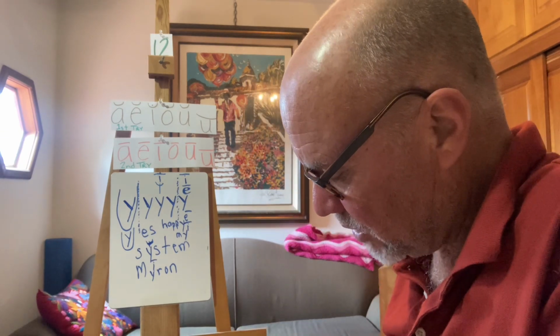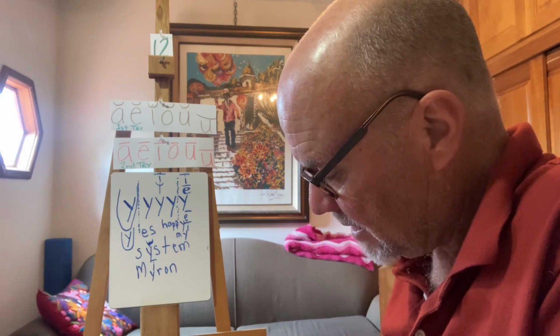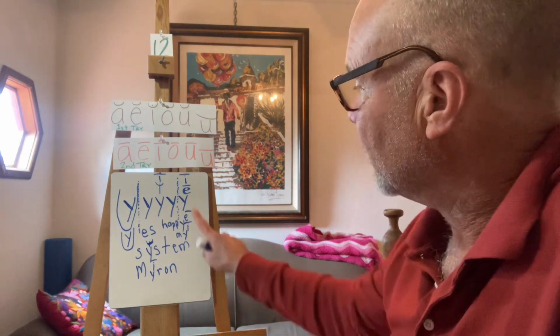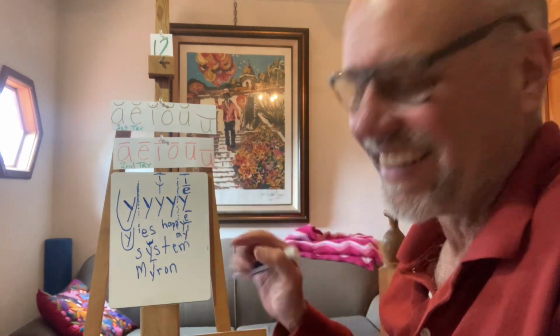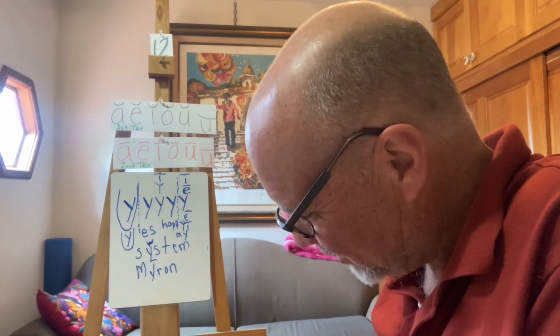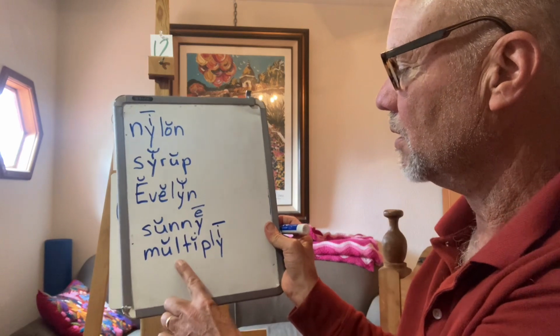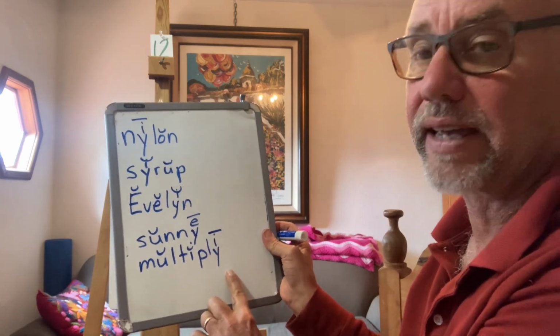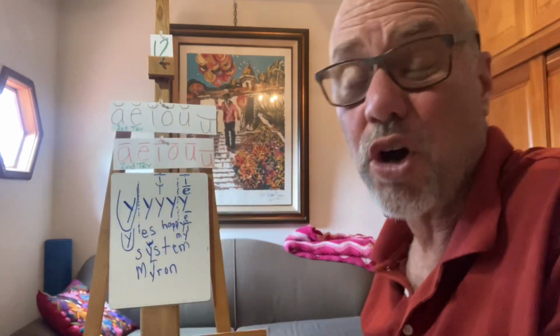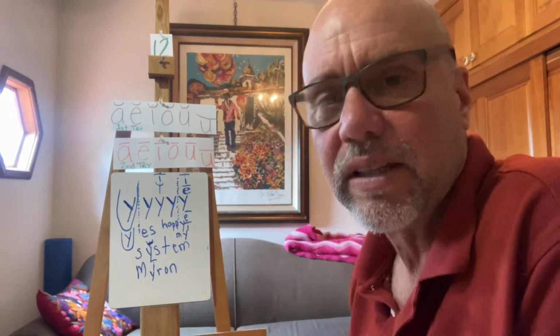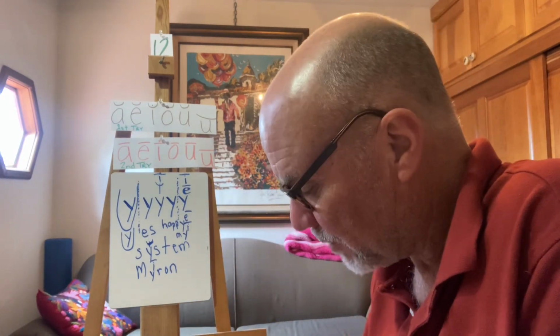Read with your finger. Check. Multiply. Now, is it multiply or multiply? Mark your long I. No one says multiply. Again, this marking is so important. It just visually will help you remember.